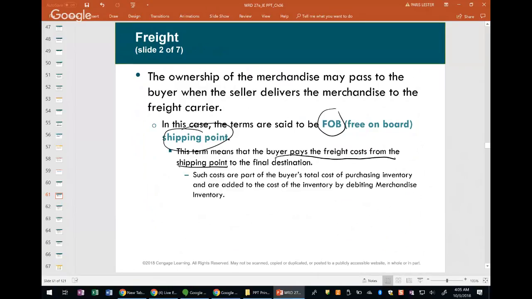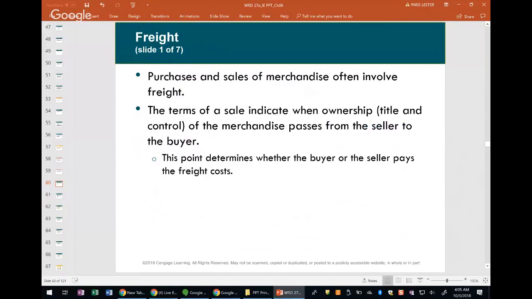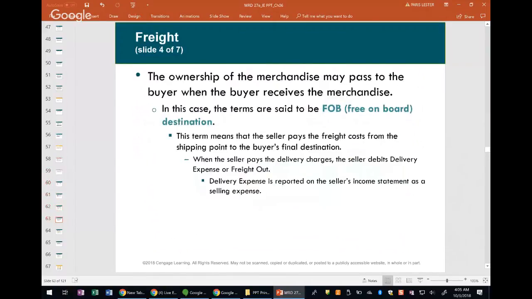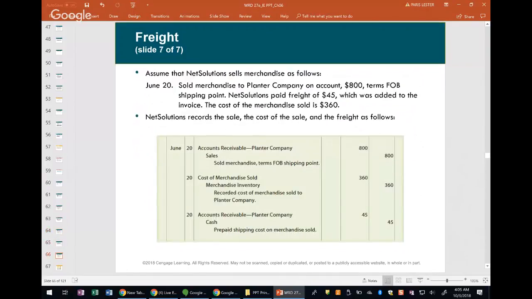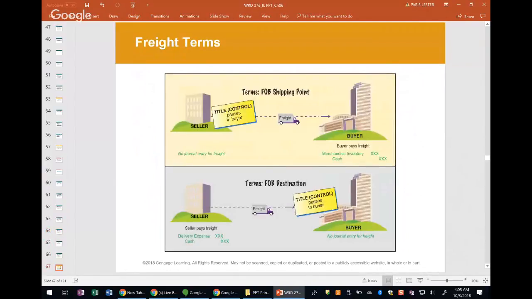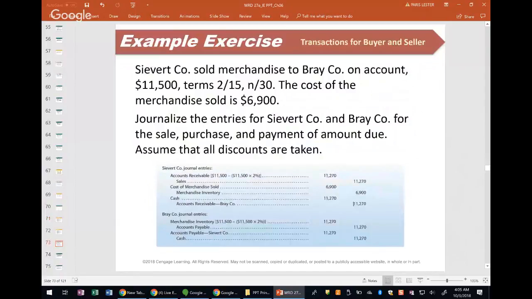Now, if it's FOB destination, and that's when the seller pays for the delivery charges. It's still his till it reaches you. Okay, now that's just a little review, so please look over that.